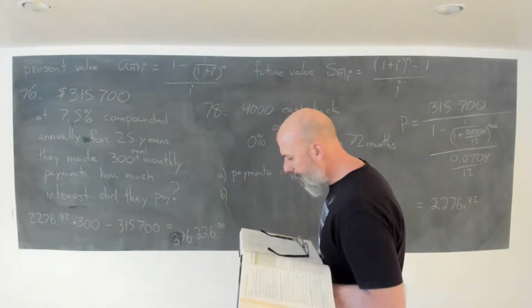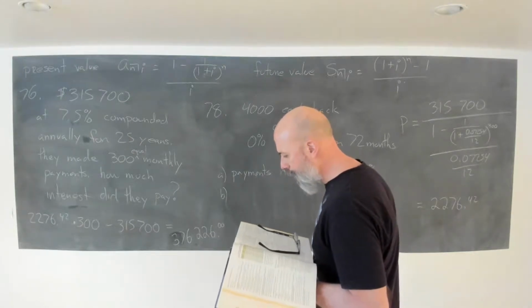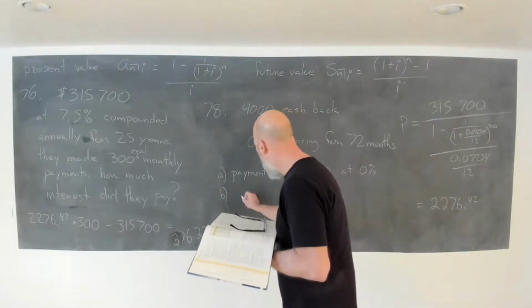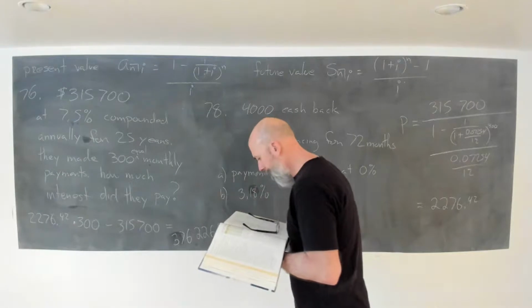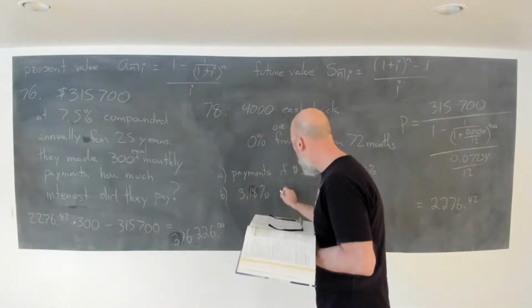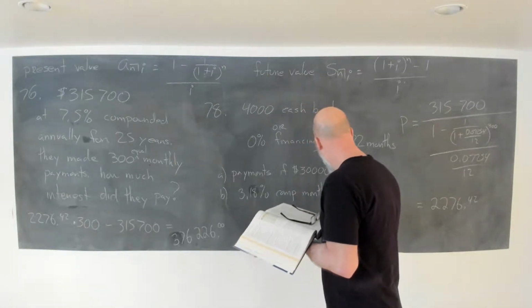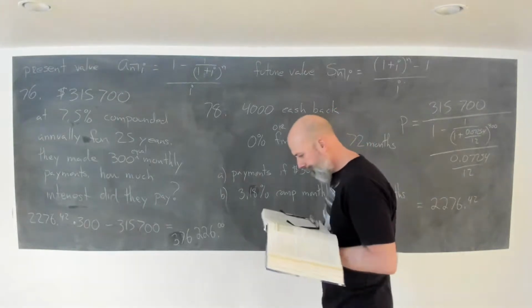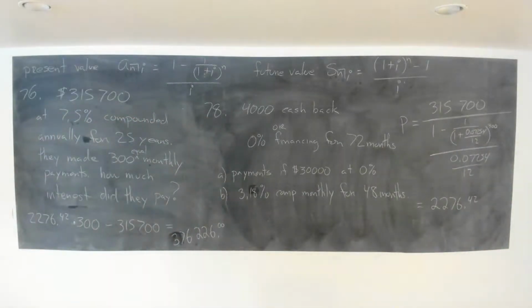Determine the payments on the same truck if the buyer chooses the $4,000 cash back and is able to get a car loan at 3.18%, compounded monthly, for 48 months. And then obviously, which is the better deal and why?